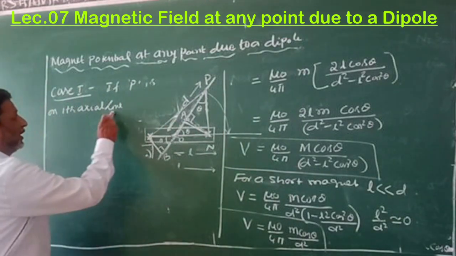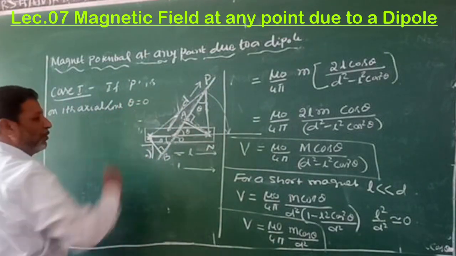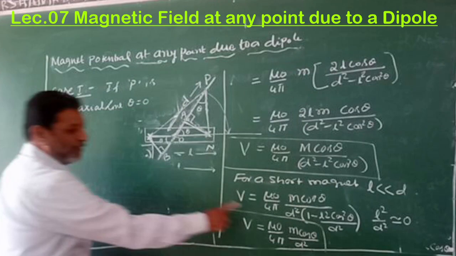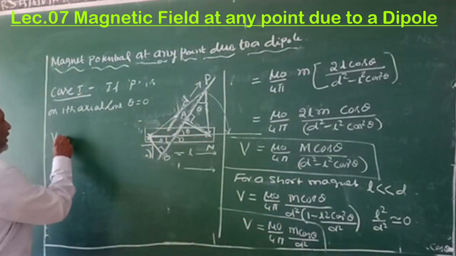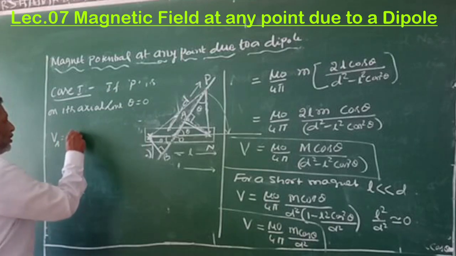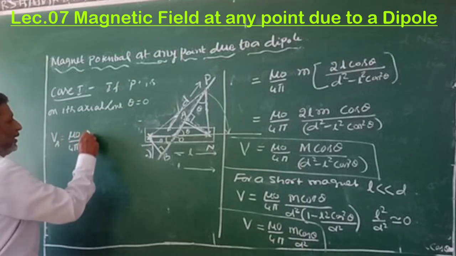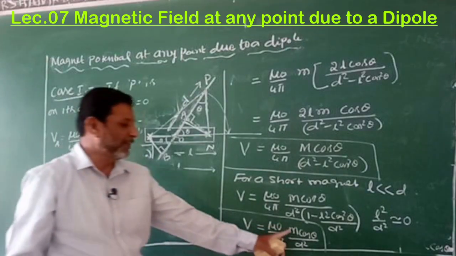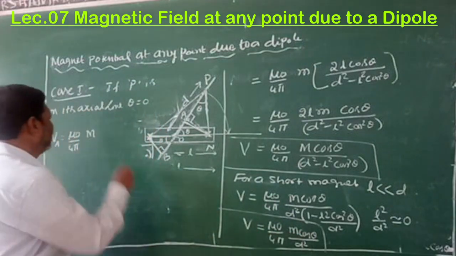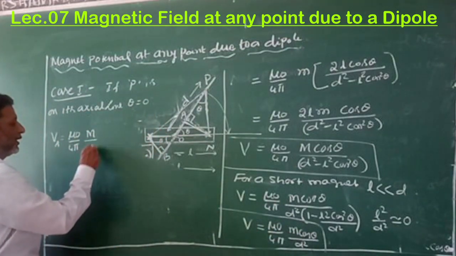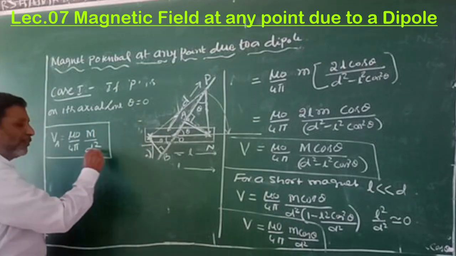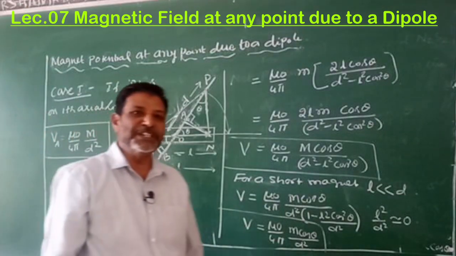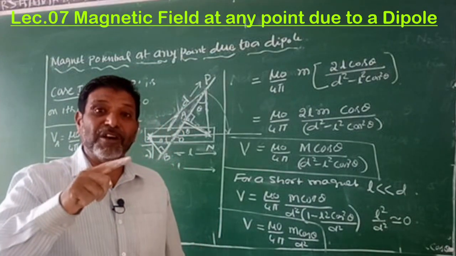Now, when you substitute theta equal to 0 here, V on the axial line is equal to mu naught divided by 4 pi, m, the magnetic moment, cos 0 is equal to 1, therefore divided by d square.